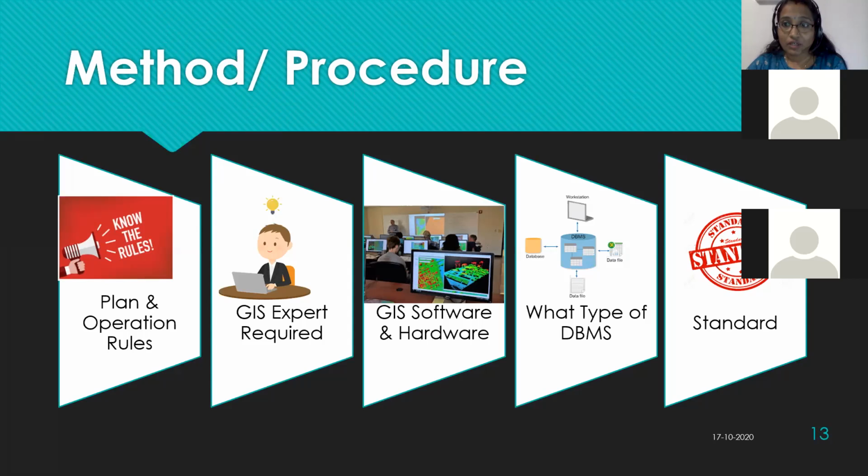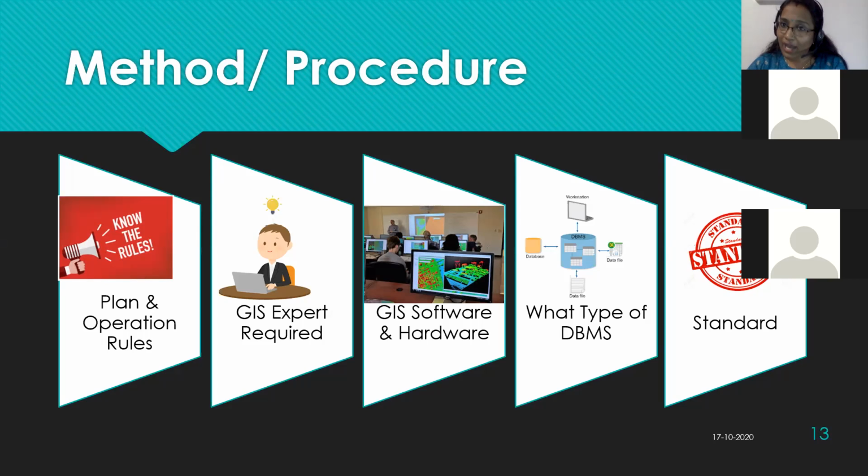Then, who is going to work on it? For working on the software, you require skilled people, that is, GIS experts. Without experts, you cannot work on any project, right? So make a team of GIS experts, tell them the plan of what you are going to do, and you can even get plans from them also.